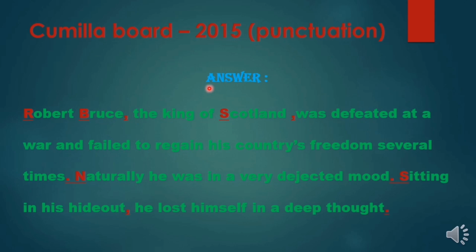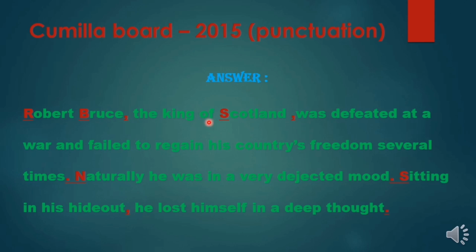The answer is given over here, and you can see I have used some capital letters and punctuation marks over here. And the most important thing, you can easily see that the letters and the punctuation marks are underlined.